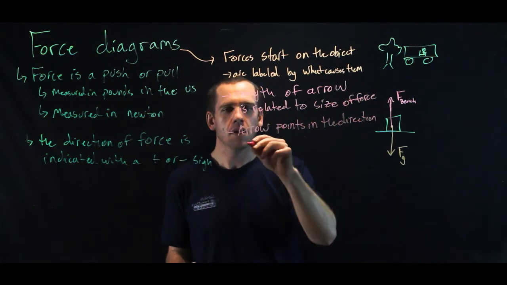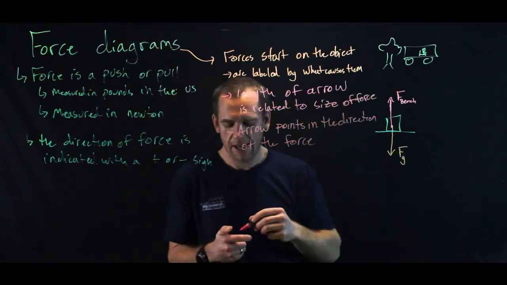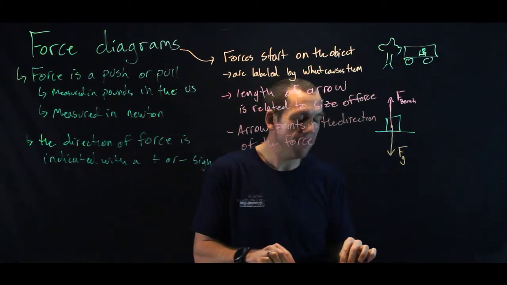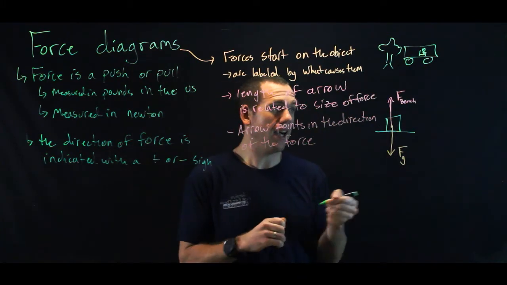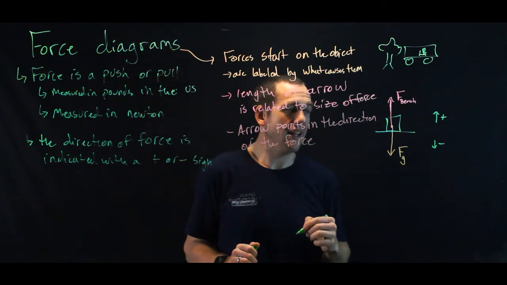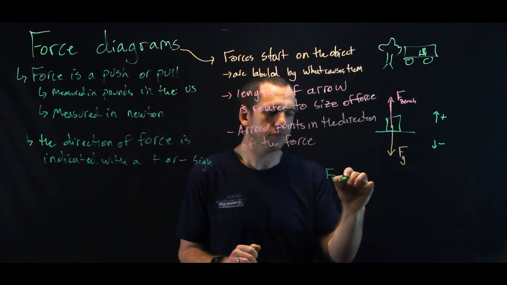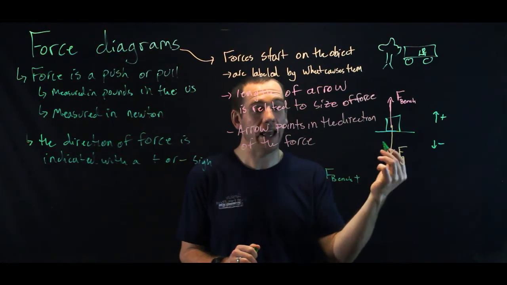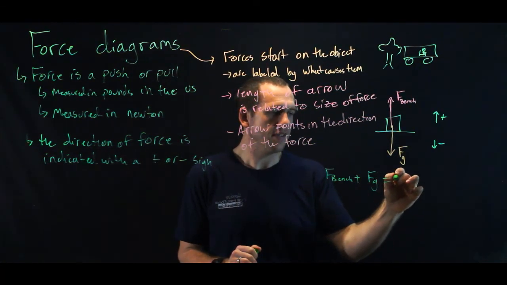Now, we should take a look at this picture. Because I have forces that are acting in opposite directions, I can assign positive and negative. Usually we think of positive as up and negative as down. And so I would say that the force of the bench, well, I'm going to add it, plus the force of gravity is equal to 0.